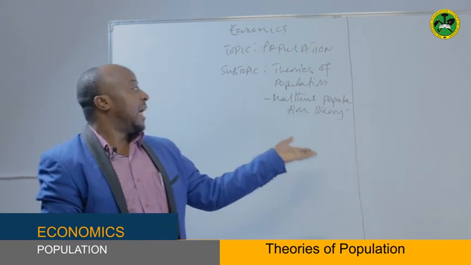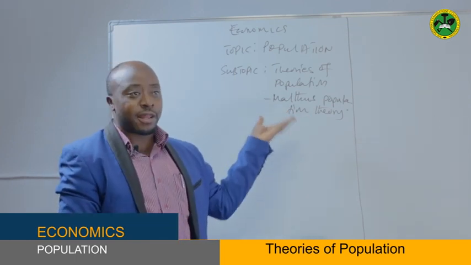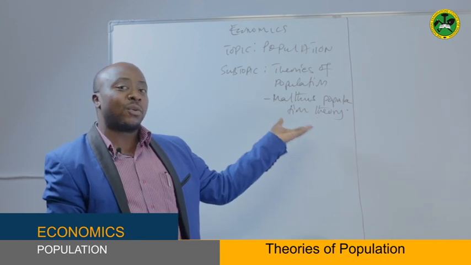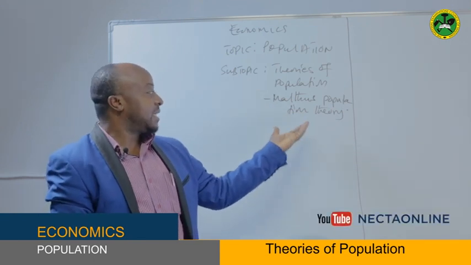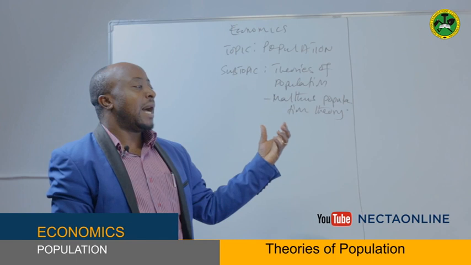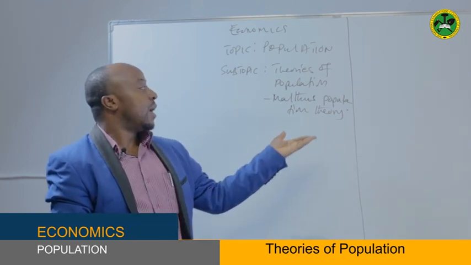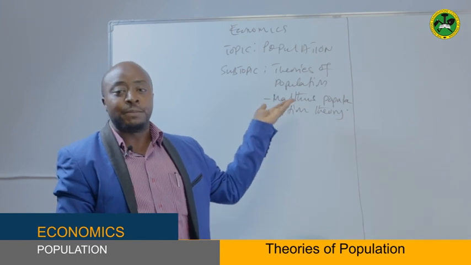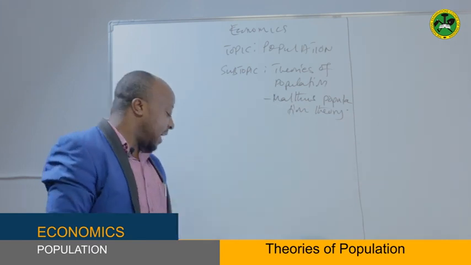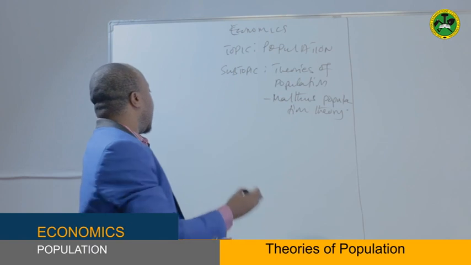We'll check why Malthus introduced this theory, the assumptions of the theory, and the criticisms of the theory, and then we'll answer some competent-based questions on this subtopic. So we go directly to the introduction of the theory.